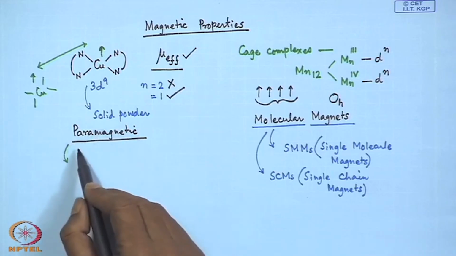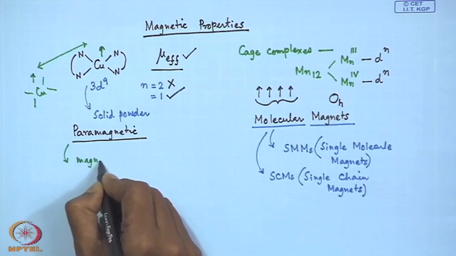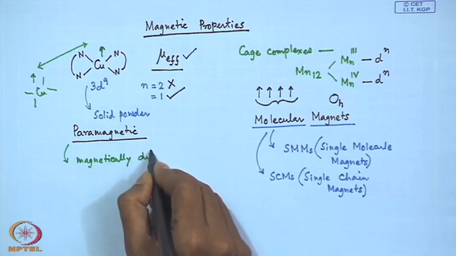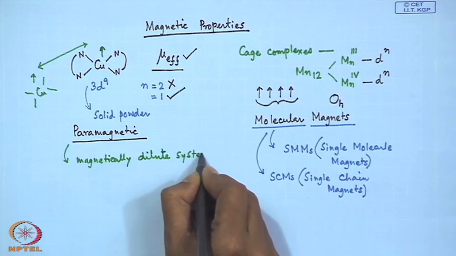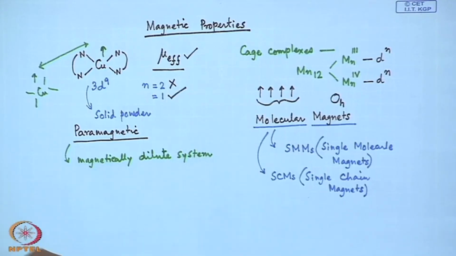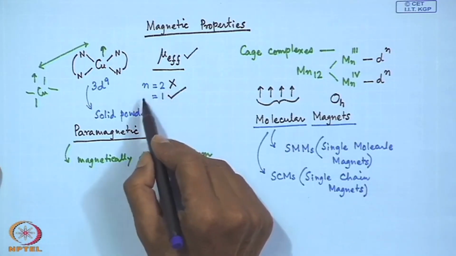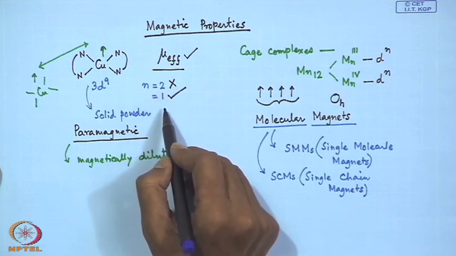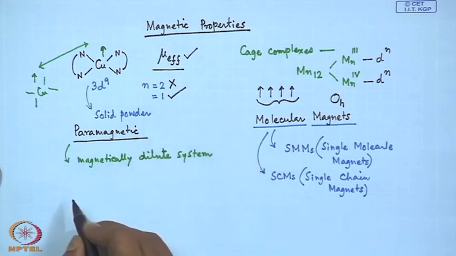So, when we have a typical paramagnetic center in a magnetically dilute system, where individual paramagnetic metal ions are well separated by the ligand system, we get the exact values of the theoretically predicted as well as experimentally predicted magnetic moment values related to the number of unpaired electrons present.